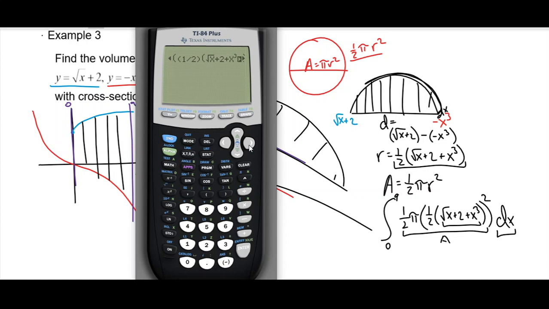Close that one off, and we're going to square this whole thing. And that should be it. That's the whole radius in there being squared multiplied by pi and another 1/2. And we'll go ahead and calculate that.